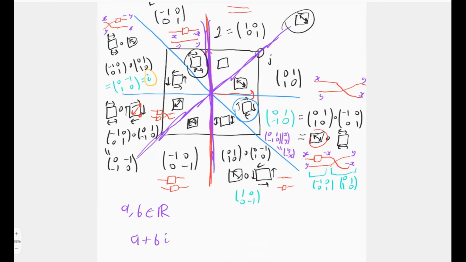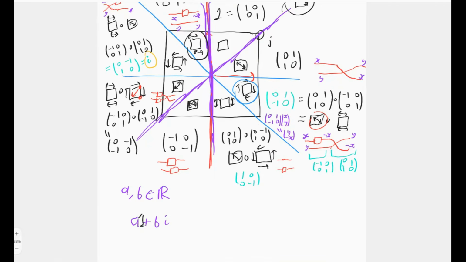So A times 1 plus B times I. Unpacking this a little bit, we've got A, and then this identity matrix plus B, and then this matrix up here.